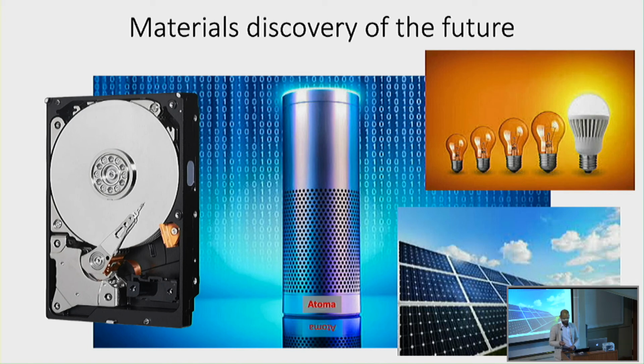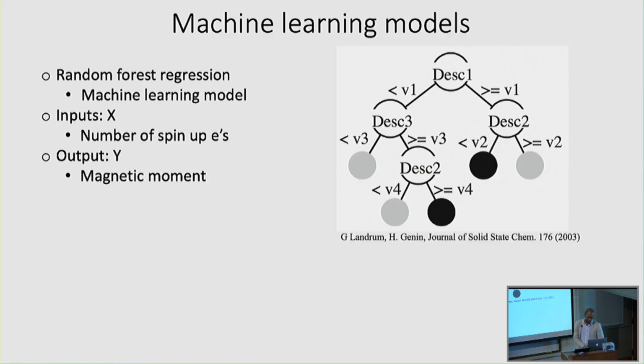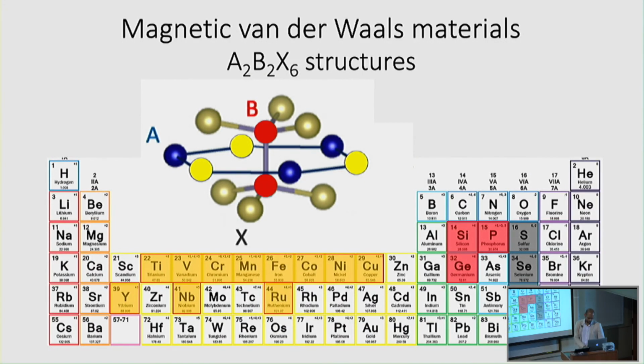I can say that down to 2 layers of this chromium germanium telluride, we have experiments that confirm that it's magnetic. Down to 1 layer, no one has a chance to measure it yet, so you can't know for sure if it's actually correct. But there are other examples, like chromium triiodide, where down to 1 layer, the DFT says it should be magnetic, and the experiments show that it's magnetic.